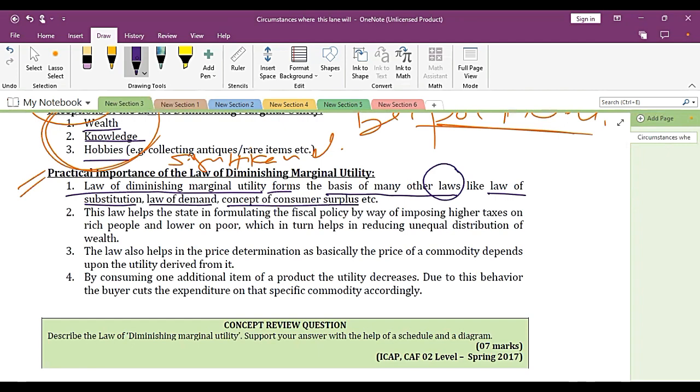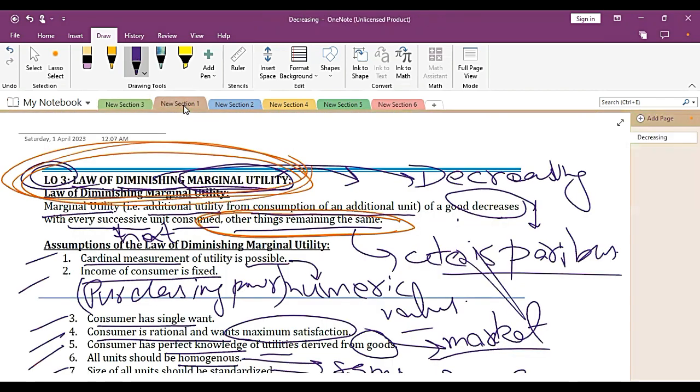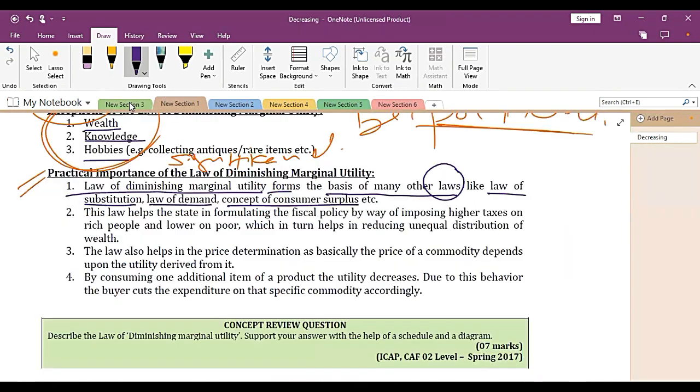So this law is the base of other laws. If a person has a strong grip on this learning objective, he can understand other laws very easily.